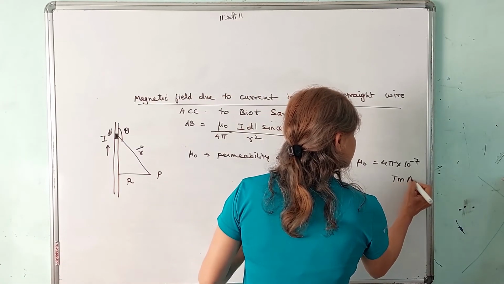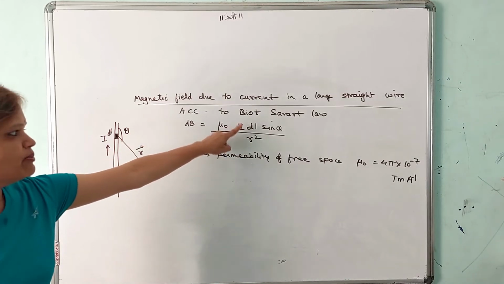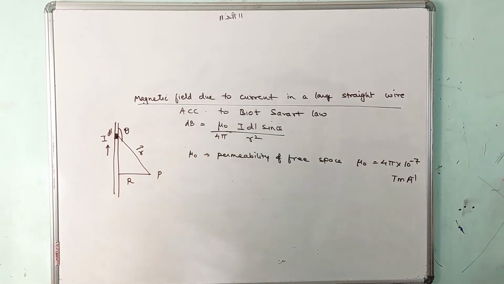You can just see from the formula, this is Tesla, this will be meter, I is ampere. So Tesla meter per ampere.